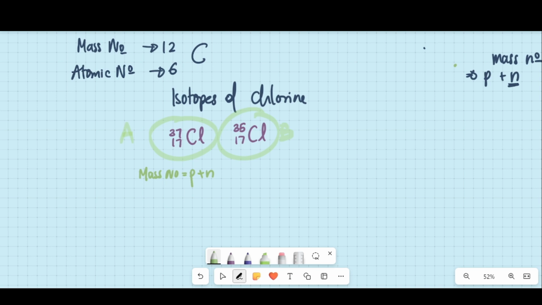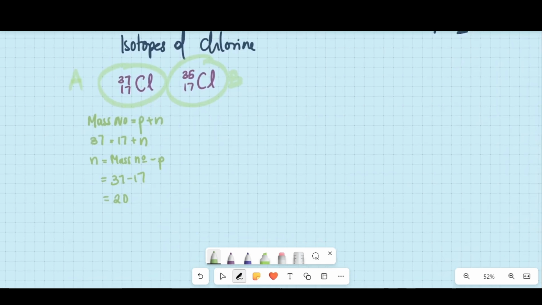So 37 equals 17 plus N. To find my neutron number, I subtract the proton number from the mass number. That gives 37 minus 17, which is 20. Let me quickly check with the calculator. 37 minus 17 is 20. Got that right.